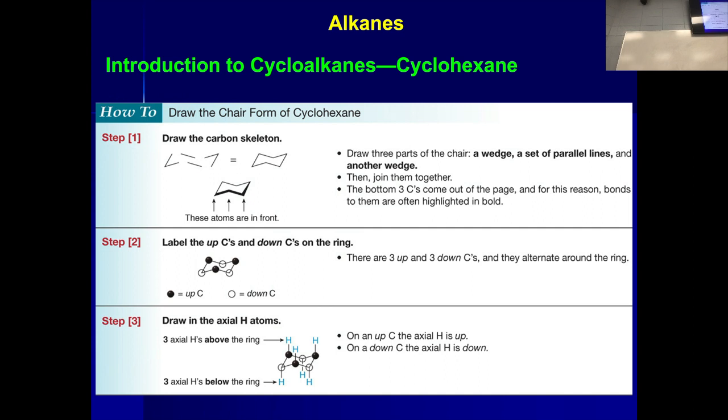So let's learn how to draw cyclohexane in its chair form. Drawing cyclohexane is the bane of a lot of students. And you all might be saying drawing a 6-membered thing like this isn't too bad, and you're right. But that doesn't give me any perspective. You need to know how to draw it as a chair.